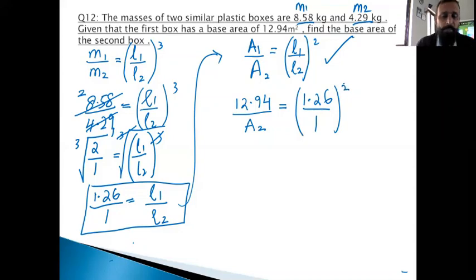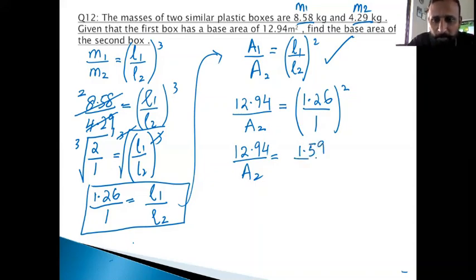The first thing, we can open up this bracket by squaring 1.26. So we have 12.94 upon A2 equals. Please use your calculator. 1.26 multiplied by 1.26 tells us 1.59.